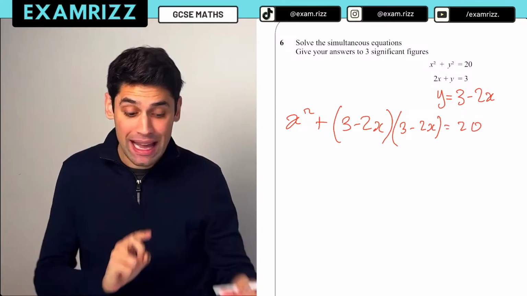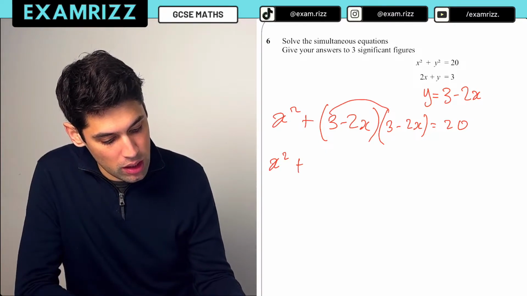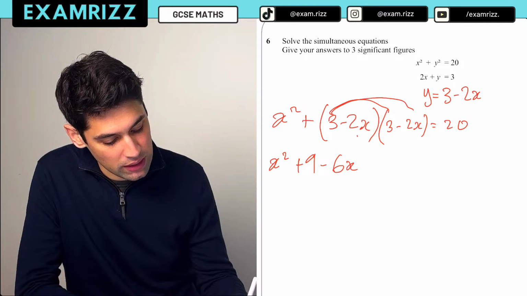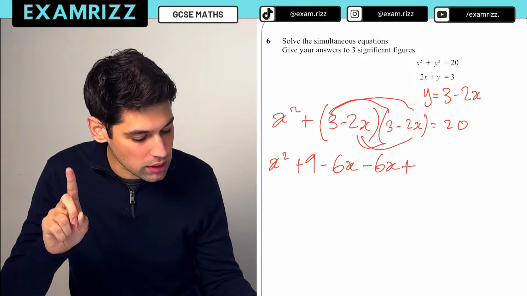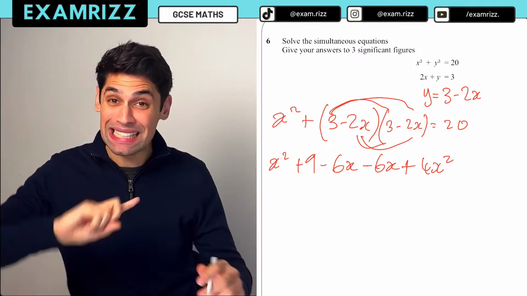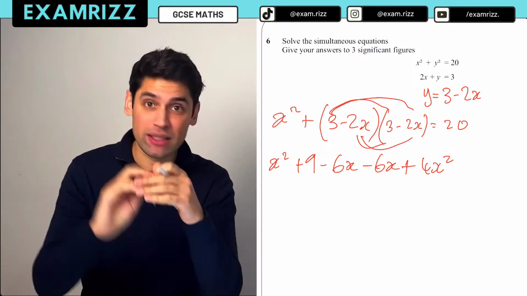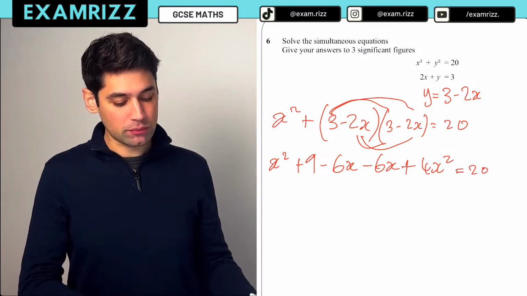Let's expand it fully and carefully. x squared plus 9 minus 6x minus 6x plus 4x squared. You see that negative times that negative makes a positive. 2x times 2x is 4x squared equals 20.